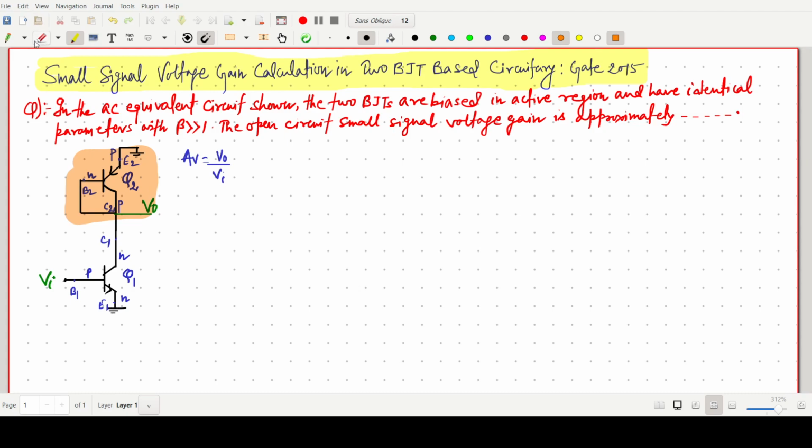So this transistor, I am just drawing it. This one is connected to ground, a PNP transistor.